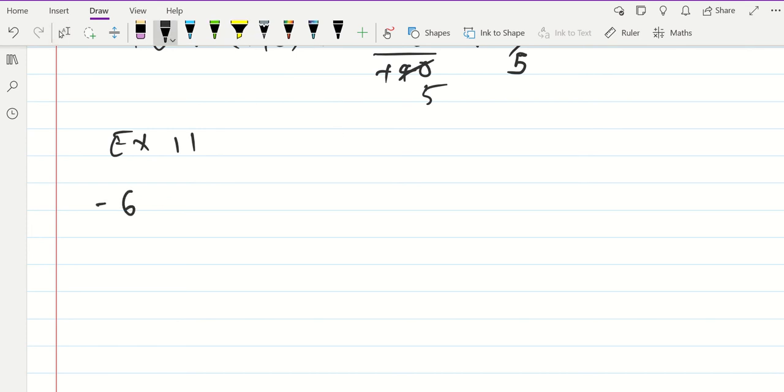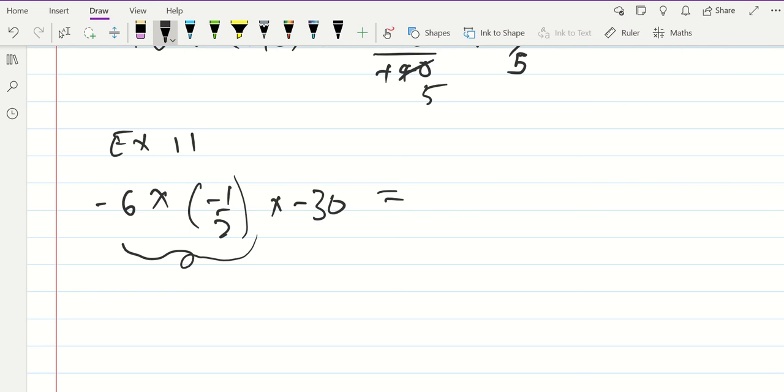that's -6 times -1/2 times -30. So you can do this stepwise too. So what we're going to do, we're going to deal with these ones here first. So it's a negative multiplying a negative, it becomes a positive.